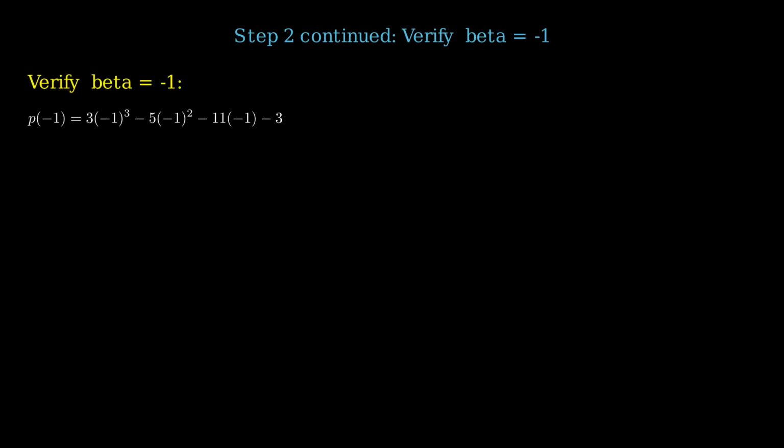To verify beta equals -1, p of -1 equals 3 times -1, minus 5 times 1, plus 11, minus 3. Equals -3 minus 5 plus 11 minus 3. Equals 0. Beta equals -1 is confirmed.